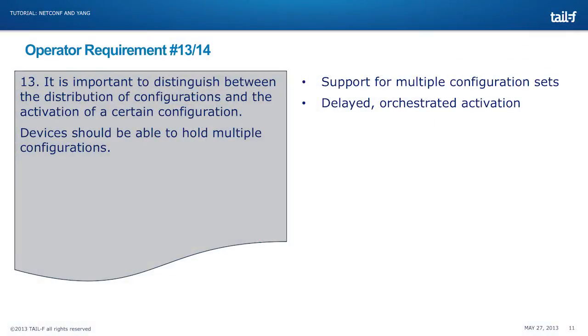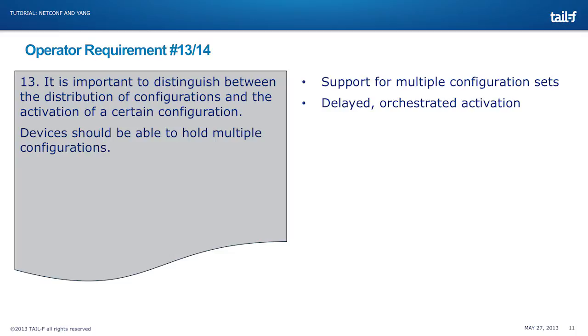Then also a requirement that was identified as part of this RFC was a desire for support of multiple configuration sets within devices, so that a device could perhaps hold multiple configurations, and then you could select which one could be used.